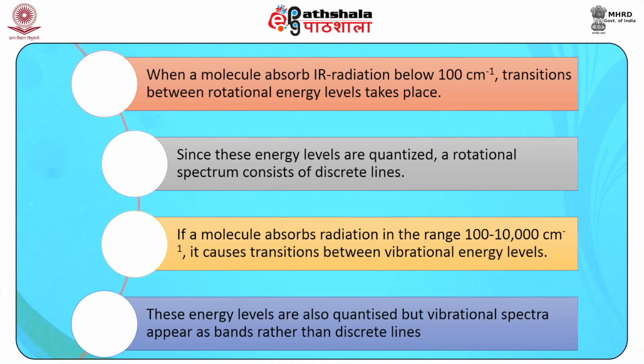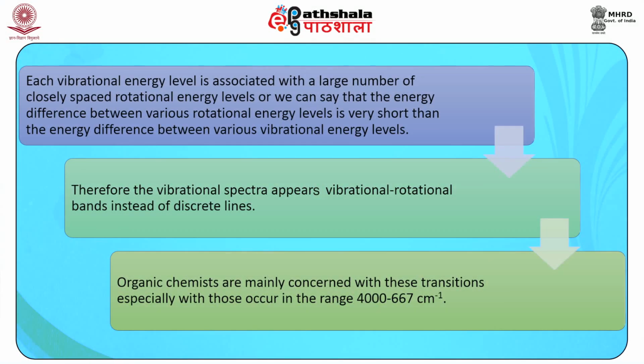If a molecule absorbs radiation in the range of 100 to 10,000 centimeter inverse, it causes transition between vibrational energy levels. Now, these energy levels are also quantized, but vibrational spectra appear as bands rather than discrete lines. Each vibrational energy level is associated with a large number of closely spaced rotational energy levels, or we can put it like this, that the energy difference between various rotational levels is very small compared to the energy difference between various vibrational levels.